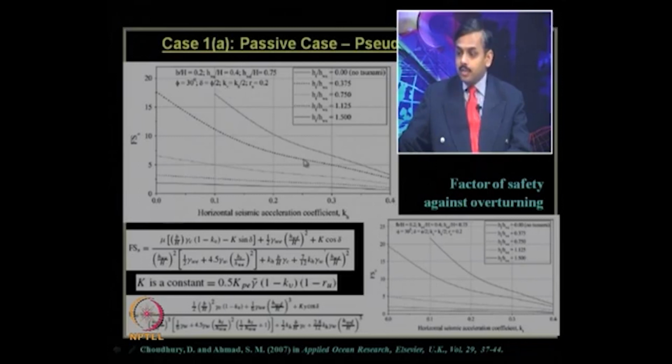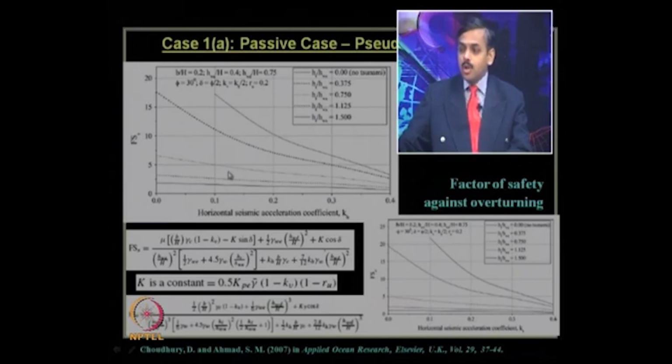These different curves show different heights of tsunami wave Ht with respect to HWU. Can you see, HWU is nothing but the still water height. When it is 0, that means no tsunami. But when it is 1.5, it means the tsunami wave height on top of the still water level is 1.5 times the height of that still water level. Clear?